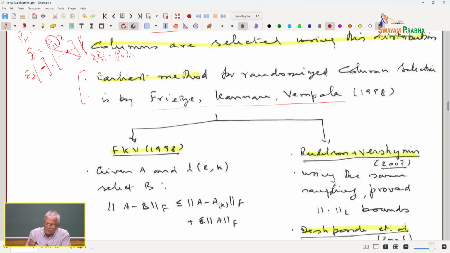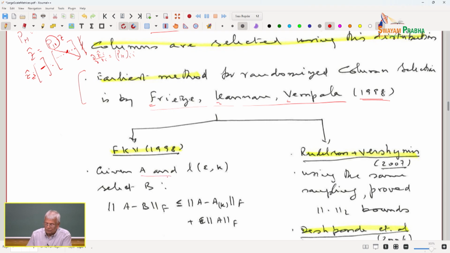This FKV 1998, they were the earliest to talk about the column selection algorithm based on the square of the norm, the length of the columns of A. So what did they show?